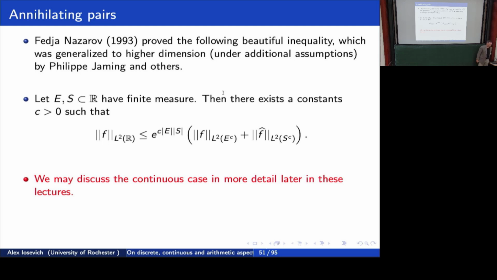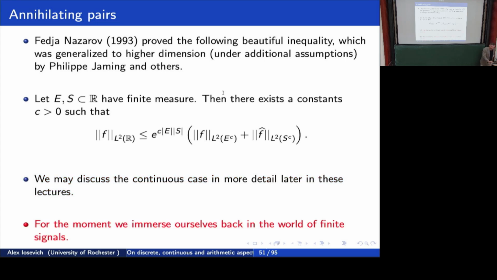In one dimension, this is a result due to Nazarov, where in one variable he proved that the L2 norm of the function f is bounded by e to the power of a constant times the measure of E times the measure of S, times the L2 norm of f outside of E plus the L2 norm of the Fourier transform outside of S. During the lecture, I erroneously said that there was a higher dimensional version of this established, and Mayeli pointed out that this is not the case. These results are much harder in higher dimensions, and one can only prove them under additional assumptions.